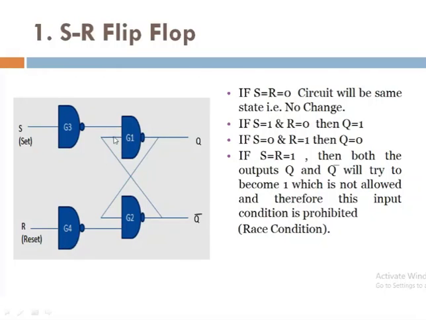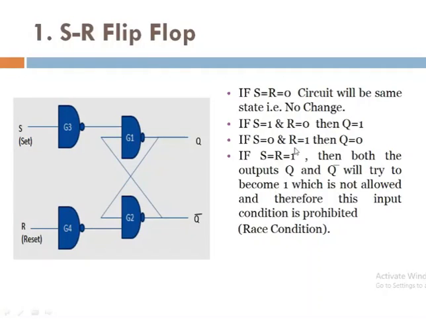Here, due to this NAND gate, 0 is replaced by 1. If it is 1, then Q will be a 0 because of this NAND gate. Now Q is a 0.